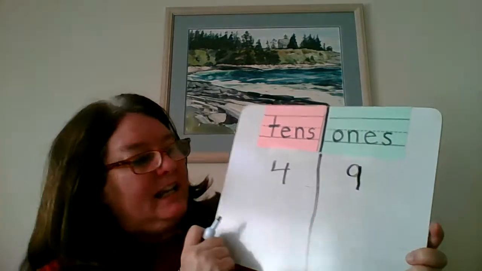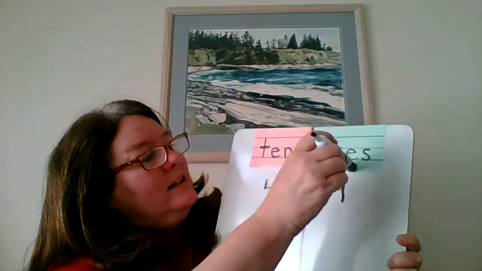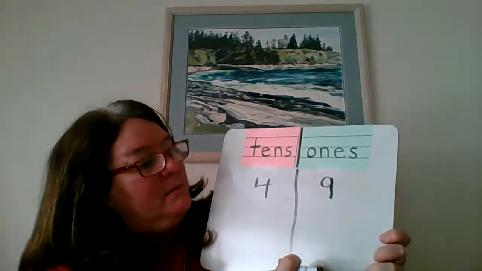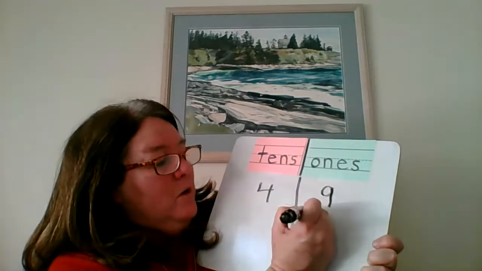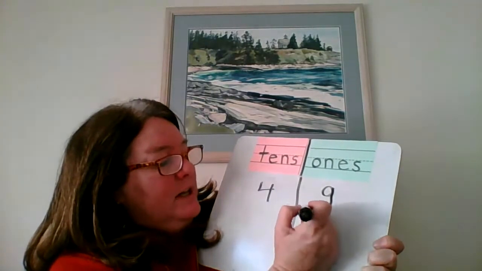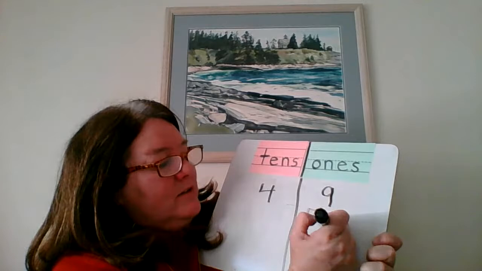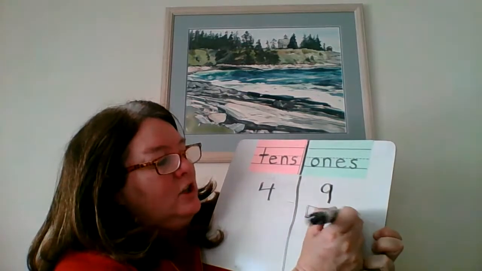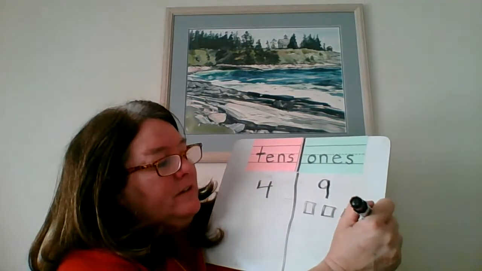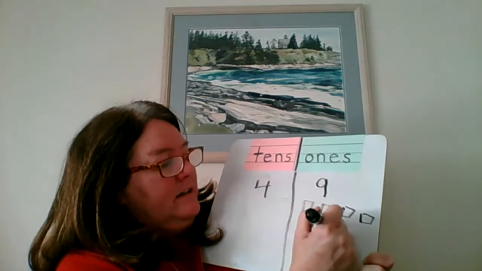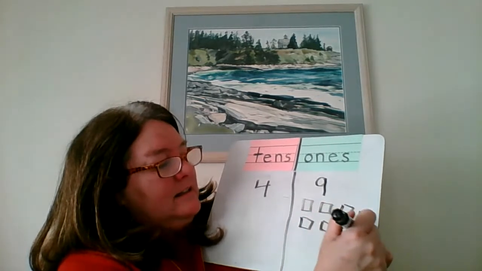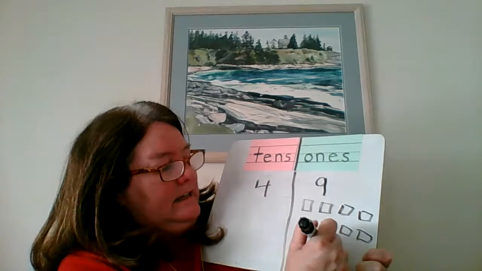All righty, let's check it out. The 9 is in the 1's place, so that tells me we have 9 1's. So everybody should have drawn 9 squares, 9 1's cubes. 5, 6, 7, 8, 9.